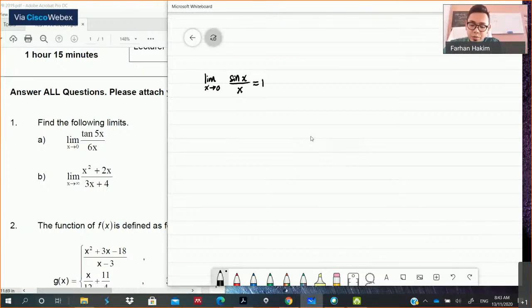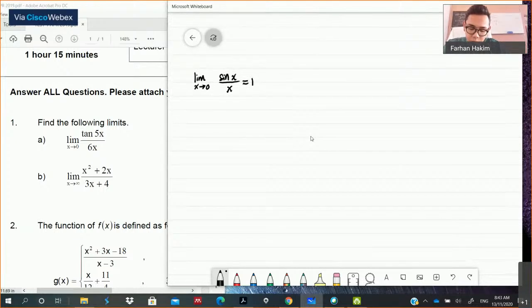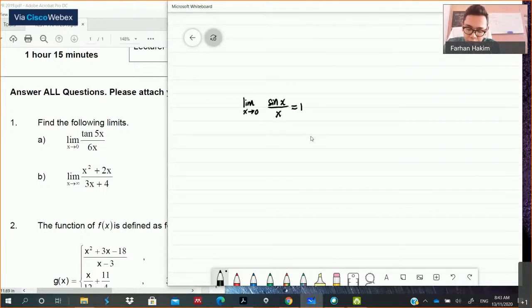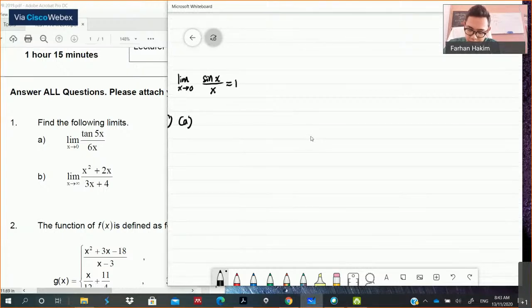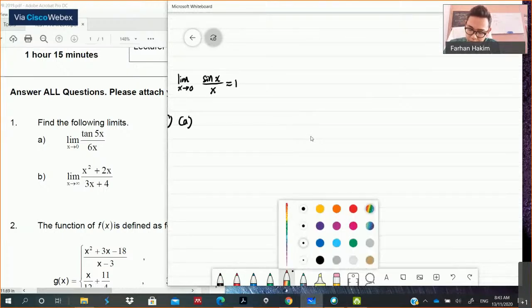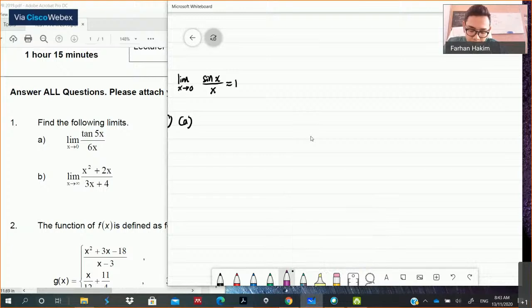So to solve question 1a, we want to find the limit as x approaching 0 of tangent 5x over 6x.